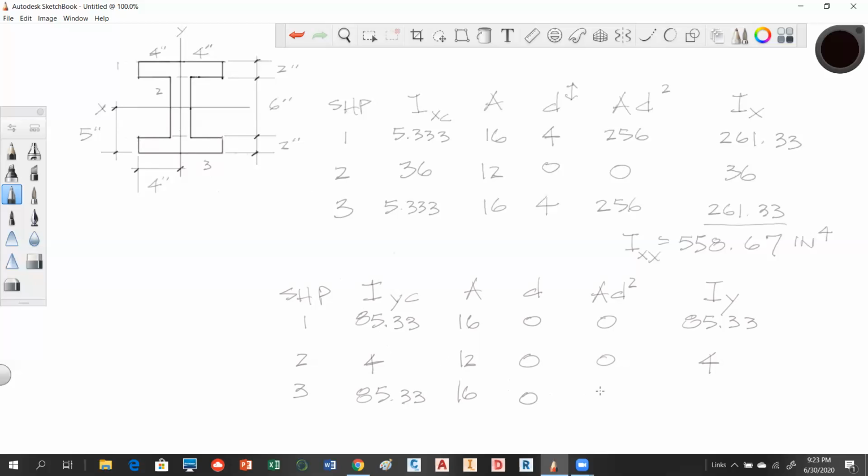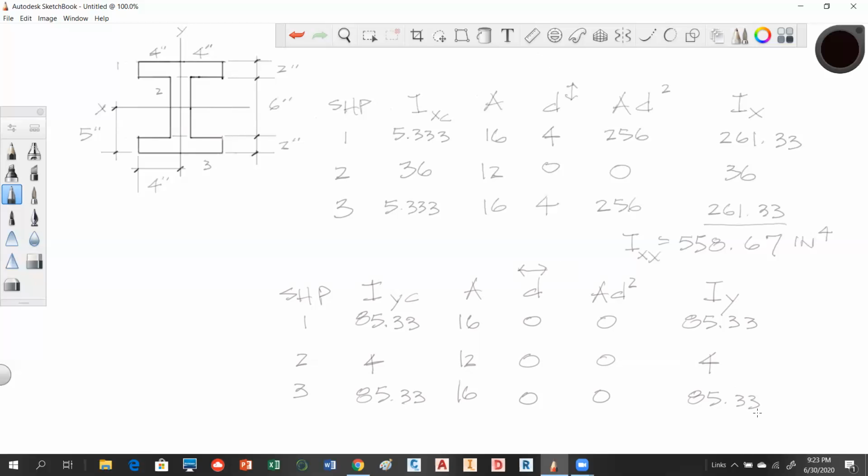So we have 0, 0, and this becomes 85.33. And what I forgot to mention is, notice here we were looking from that to that and that to that. Here we're looking this way. So a lot of times what I'll do is I'll put this on top. That helps you tell which way you're looking at or orienting your D values.